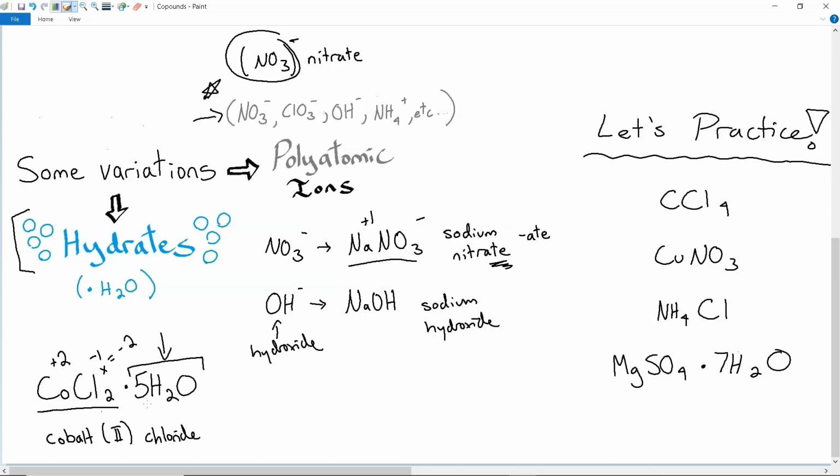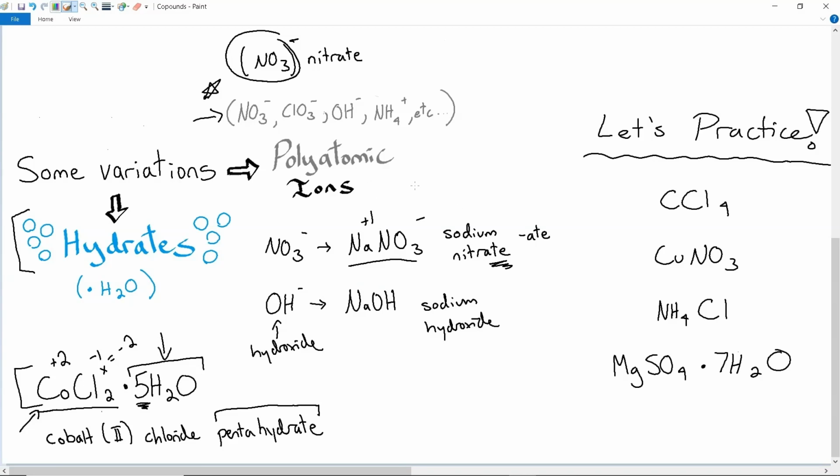And for the hydrate portion, I'm just going to use the usual prefixes. So I've got 5 molecules of water. I'm going to write penta and then hydrate. So if you see a compound with this ending of a dot and some molecules of water, don't worry too much. Try to name the first half of the compound and then add the hydrate ending based on how many molecules of water you have.